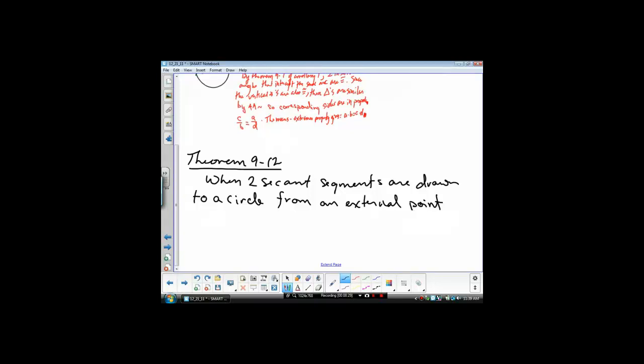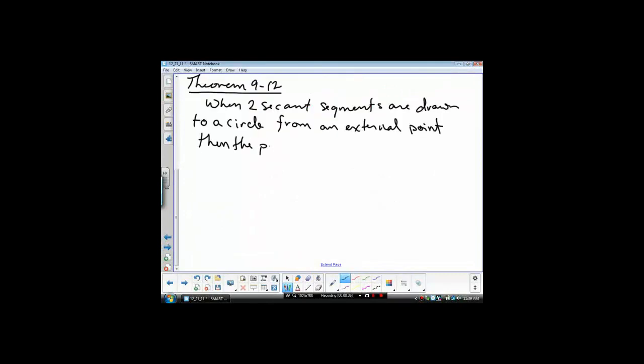Oh. Could you put the connection chord with this? Oh, that's what it is.